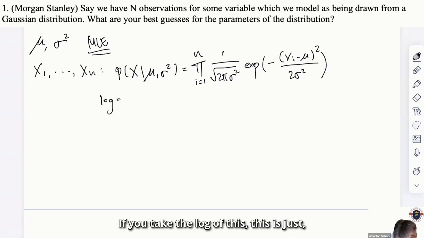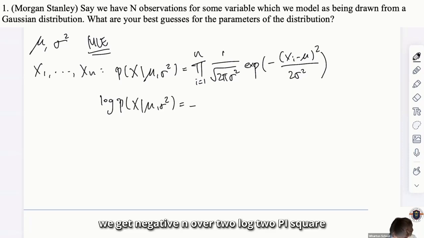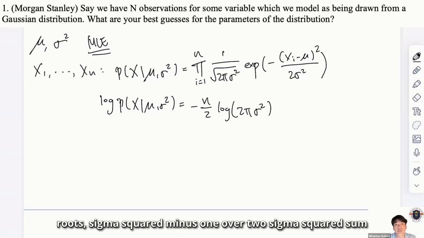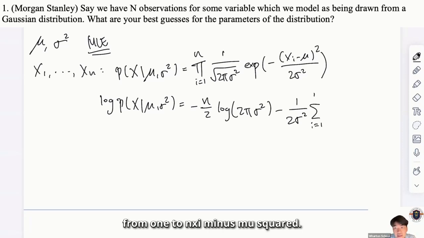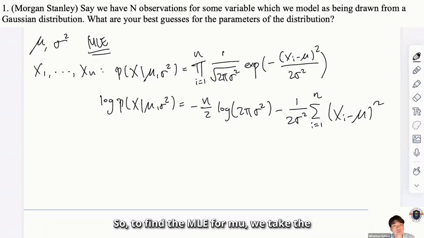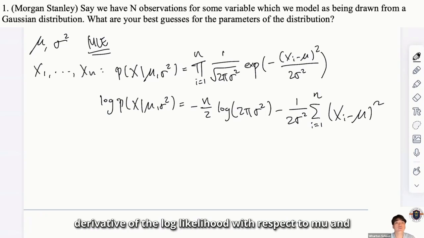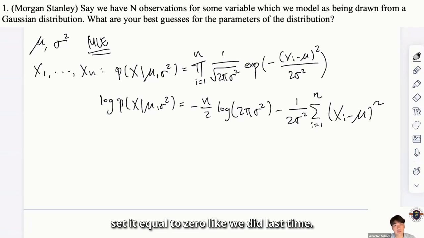If you take the log of this, we get negative n over 2 log of 2 pi sigma squared, minus 1 over 2 sigma squared, sum from 1 to n of (xi minus mu) squared. So to find the MLE for mu, we take the derivative of the log likelihood with respect to mu and set it equal to 0, like we did last time.